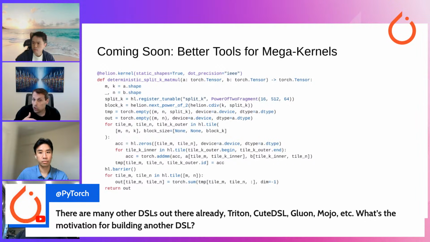So Helion kernels should be easier to write, so there'll be less code, and you can also have hardware portability. The way that we get hardware portability is through autotuning. The Helion language has a built-in autotuner, where you define a search space as part of the Helion kernel.